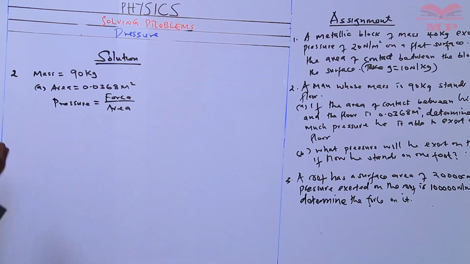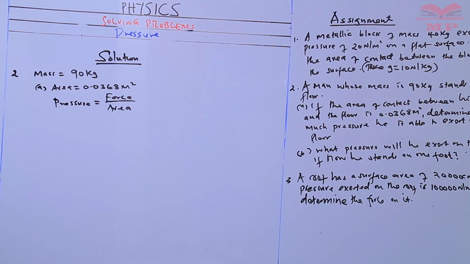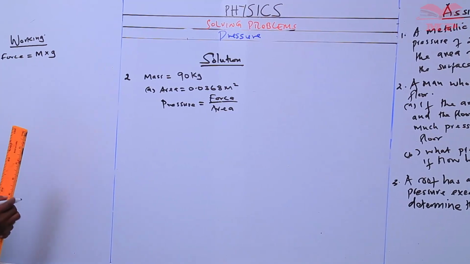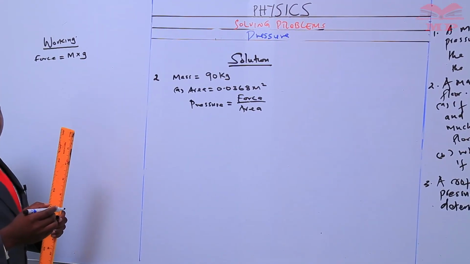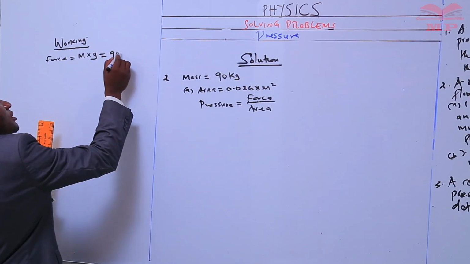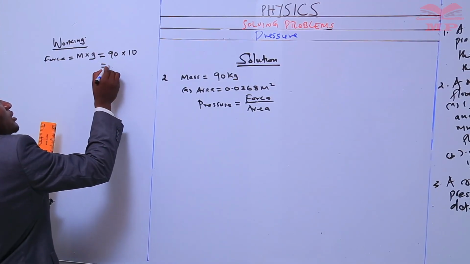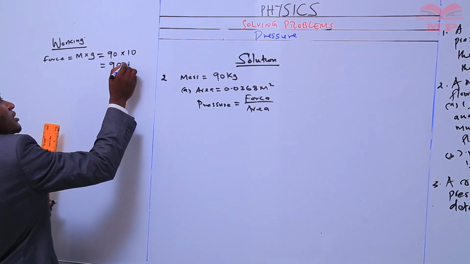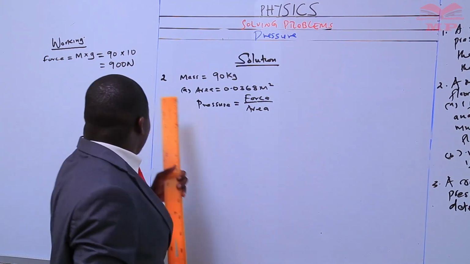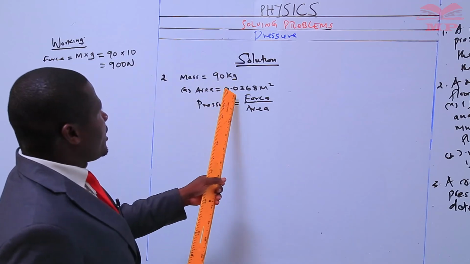We know that force is given by mass times g, that is the force of gravity. So mass, we have 90, times g, which is 10. This gives me 900 newtons. So we have force, we have area.